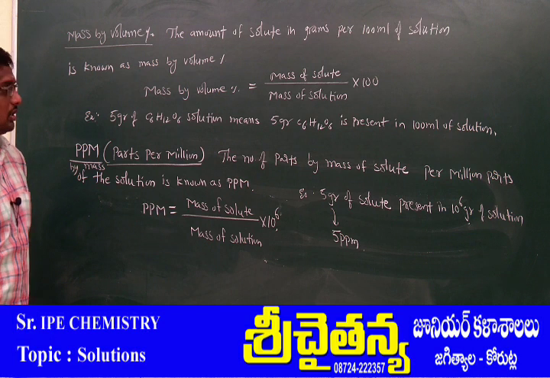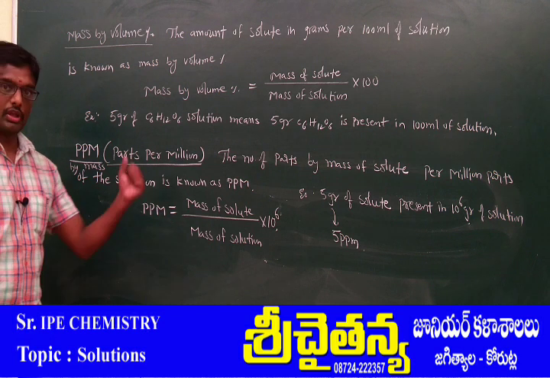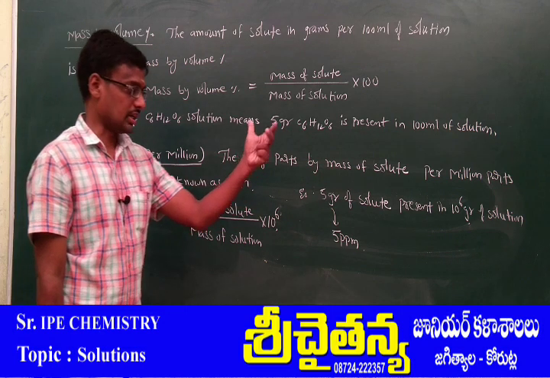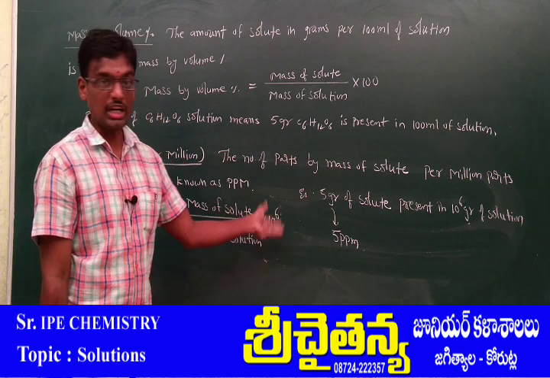So these are the first four concentration methods: mass percent, volume percent, mass by volume percent, and the last one, parts per million.